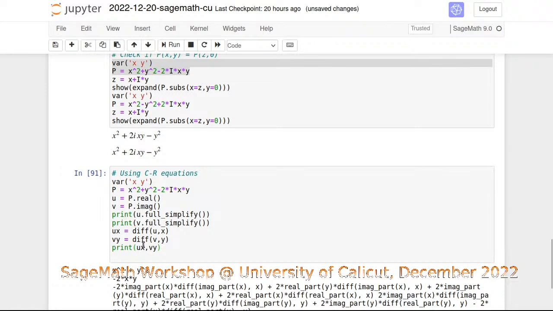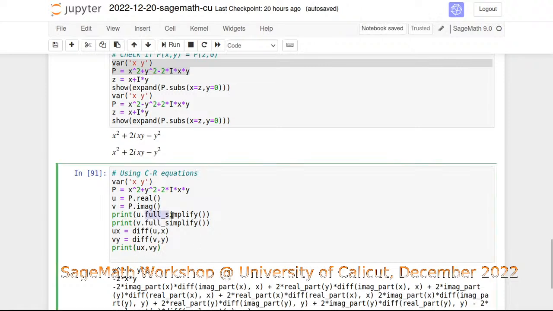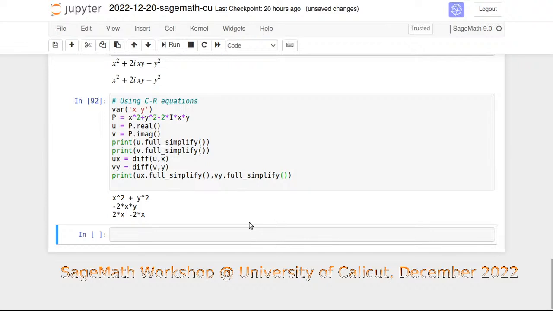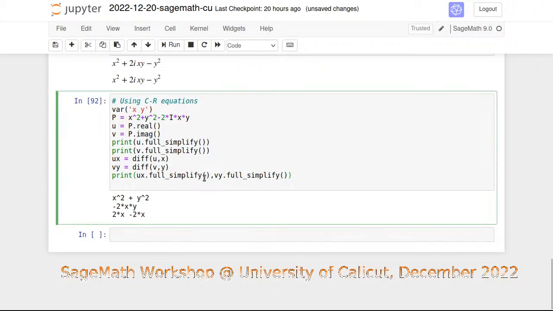Maybe we need to simplify these two. No, we are not getting that, at least here. So can we ask if they are equal or not?